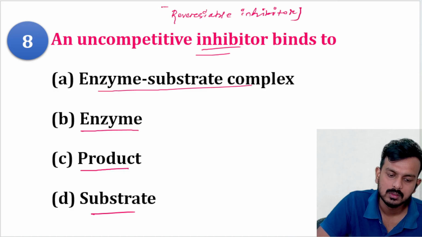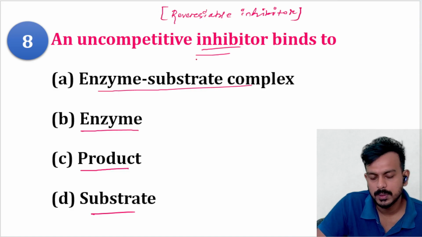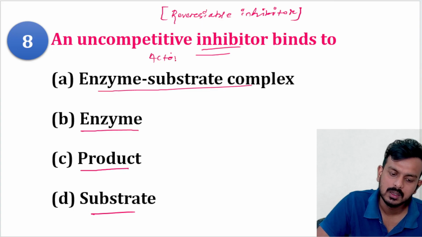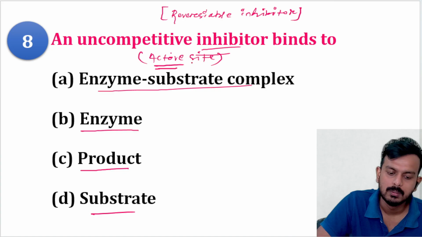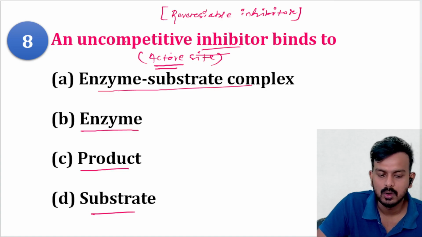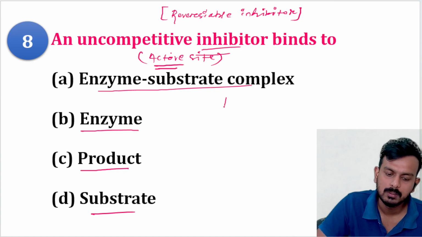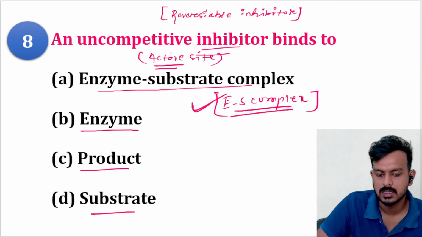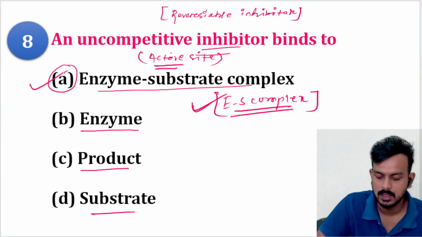Competitive inhibitors bind to the active site, where they compete with the substrate molecule for binding. But non-competitive inhibitors bind to your ES complex. Option A is the correct answer.